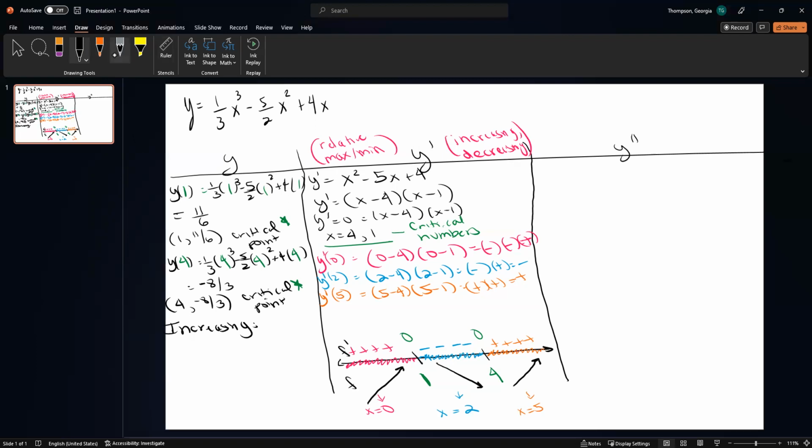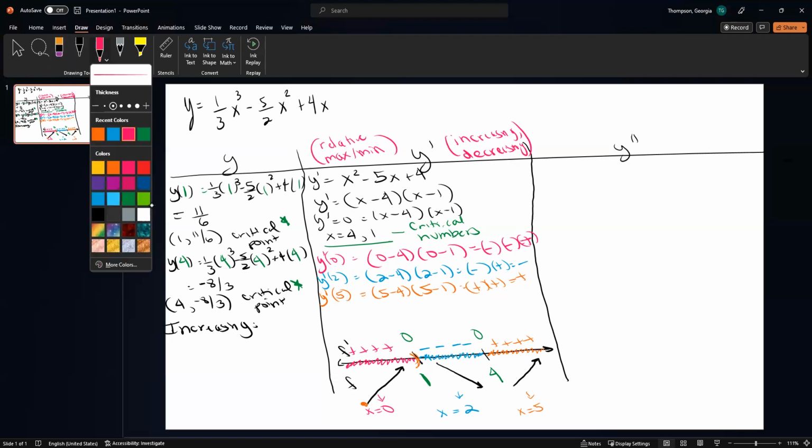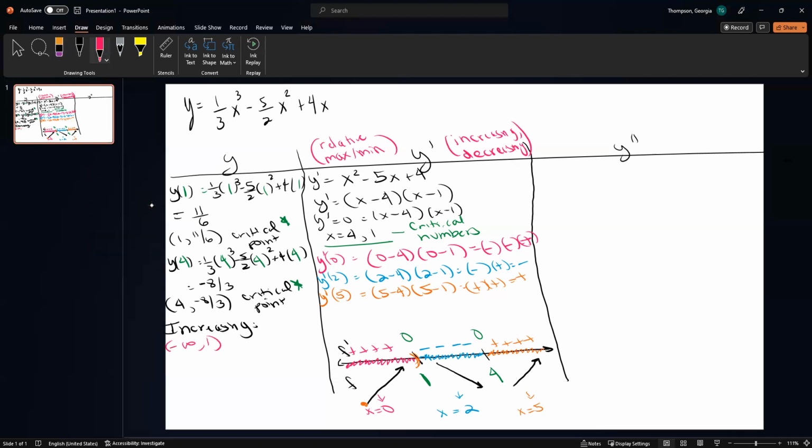It starts going uphill anywhere to the left of 1, so it starts at negative infinity, and it stops increasing at this point right here at 1. This is colored in pink. So it's going to go from negative infinity up to 1. And then it decreases from 1 to 4.